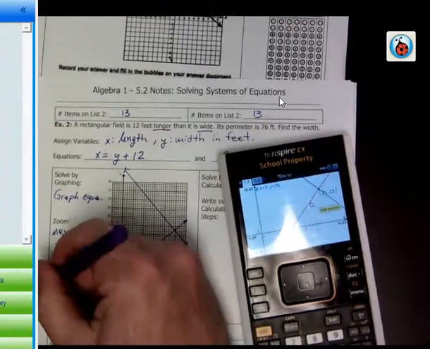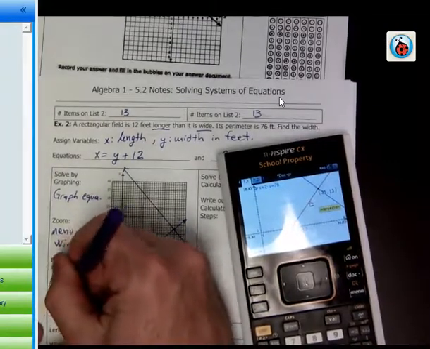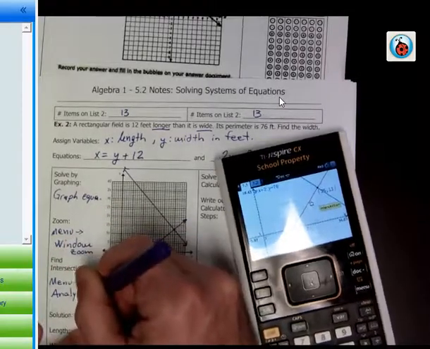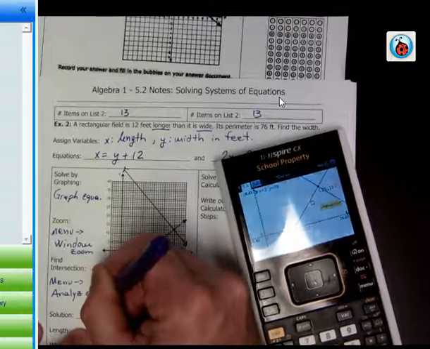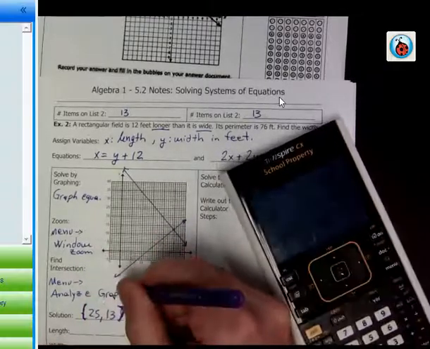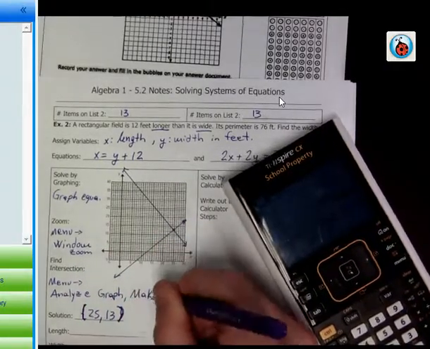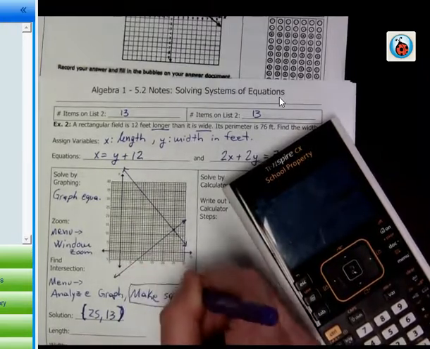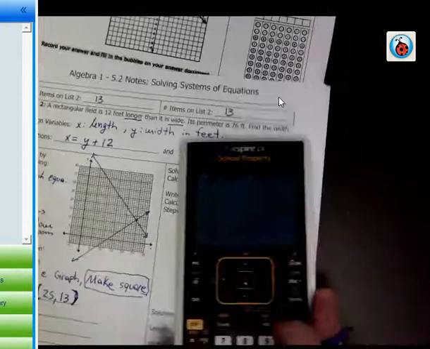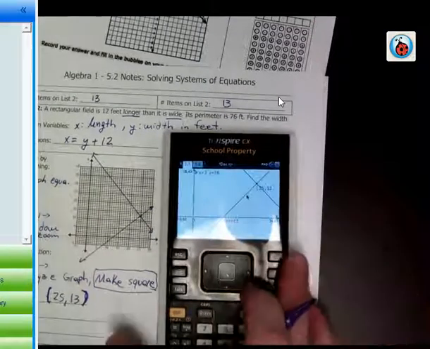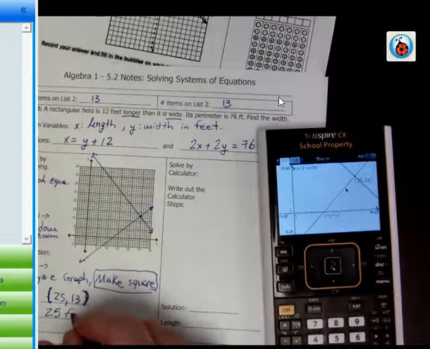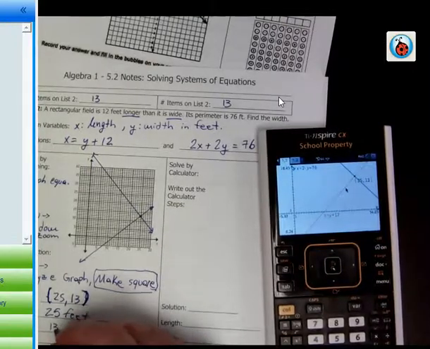Okay, find intersection with menu, analyze graph. This time we had to make a square around. So I'm going to make a square here. We made a square around the intersection. Okay. So since I defined x as my length, it's 25 feet, and my width is 13 feet.